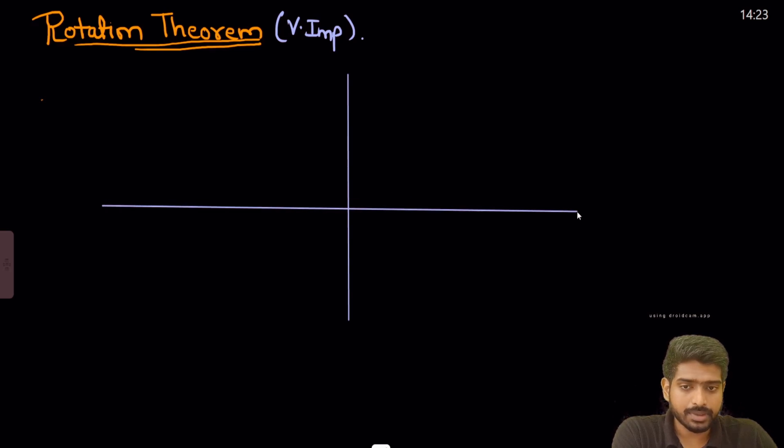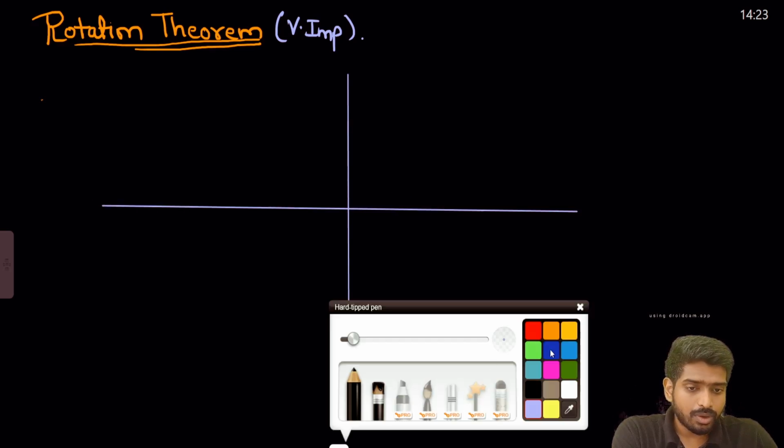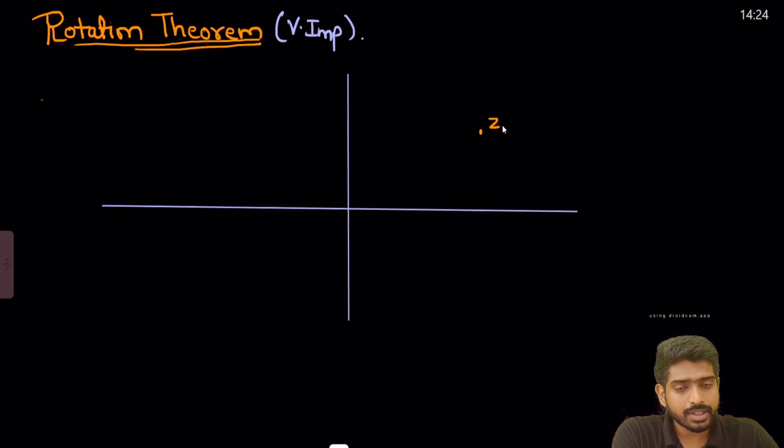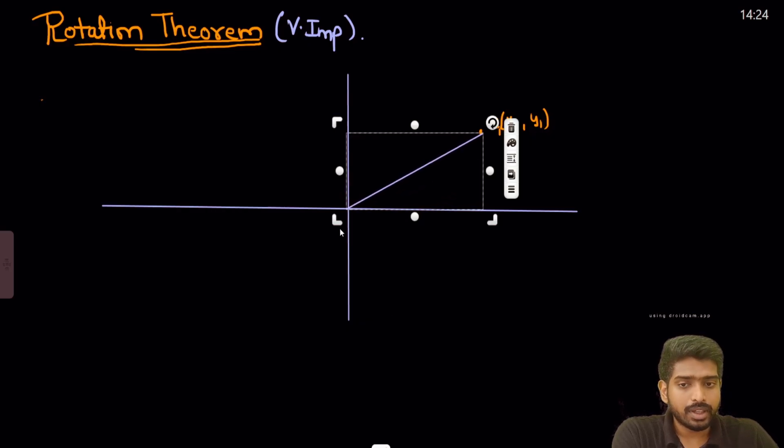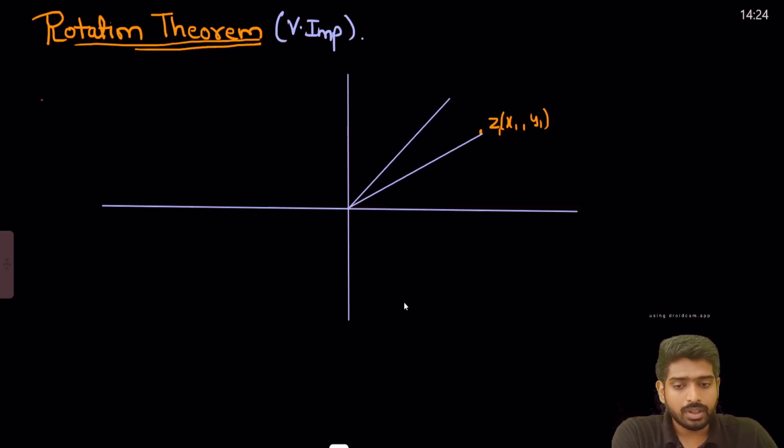take two complex numbers. Let's suppose one complex number is z1 and the coordinates of z1 are x1 comma y1. Got it? And one more complex number is z2, and the coordinates of z2 are x2 comma y2.